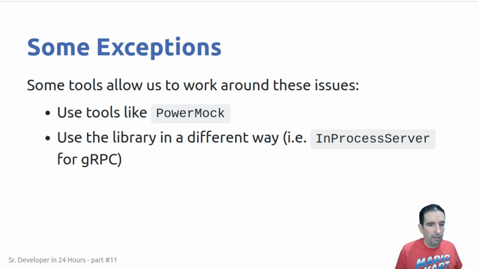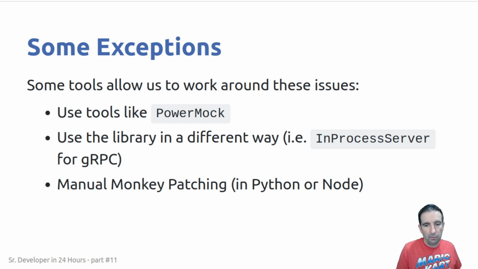Sometimes we can use the library in a different way whenever we are writing our test. For example, gRPC is notoriously complicated to test because most of the classes that it generates are final, so we cannot mock them. But on the plus side, it provides a somewhat user-friendly in-process server that we can use to mock the behavior of the gRPC server within their own framework.